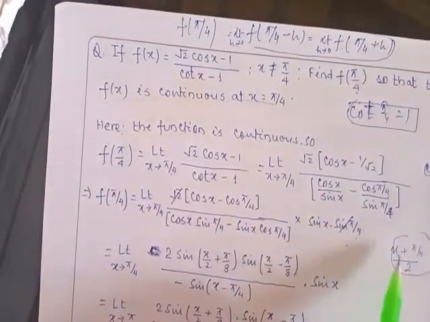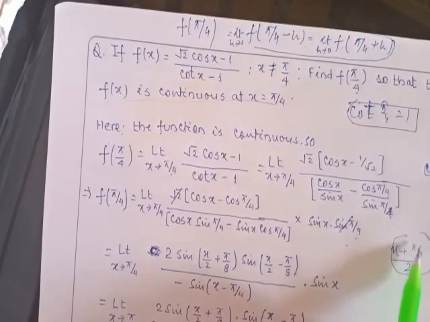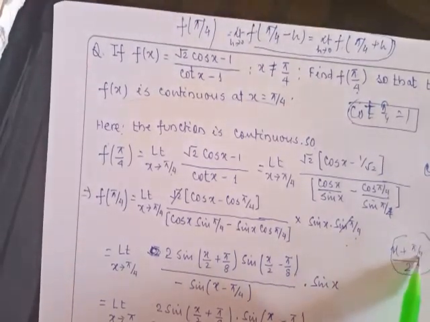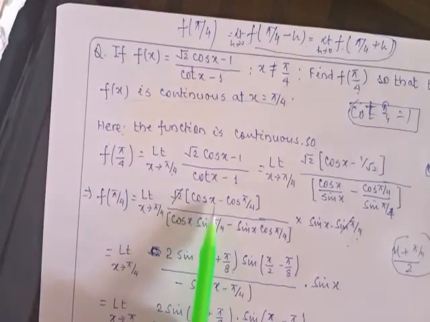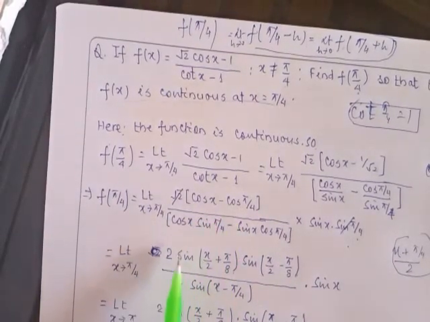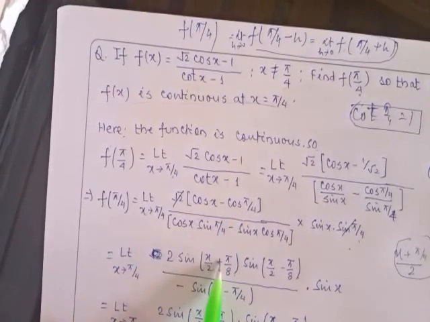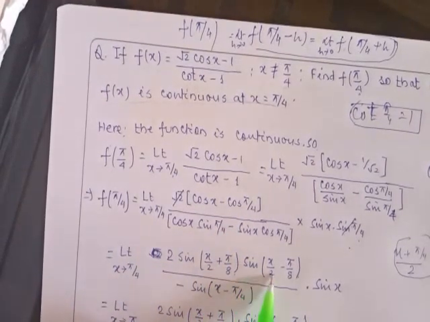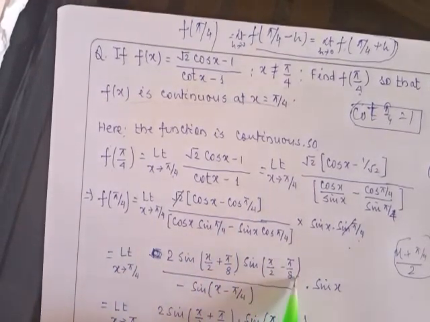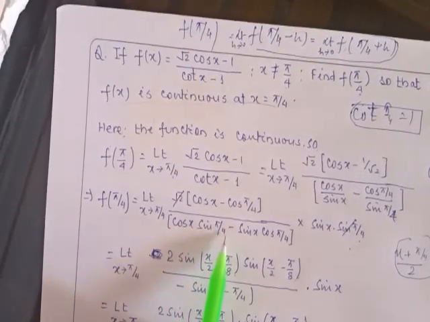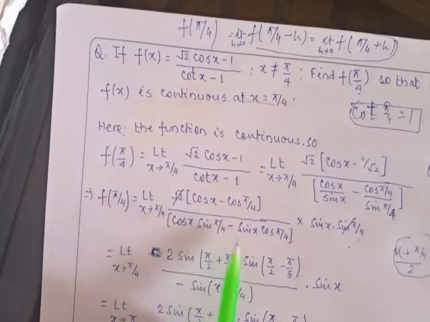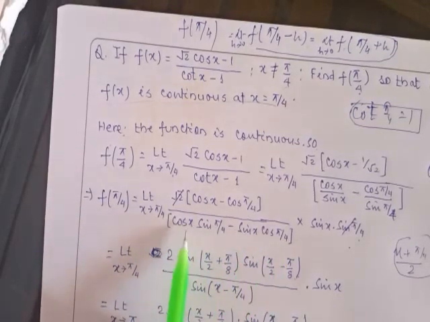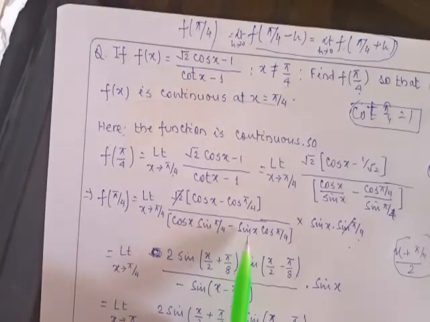Separate them, that is x by 2 plus pi by 4 by 2, which should be pi by 8. So cos C minus cos D is equal to 2 sin (C plus D by 2) into sin (C minus D by 2). And in the denominator we take minus as common, so this becomes positive and this should be negative.